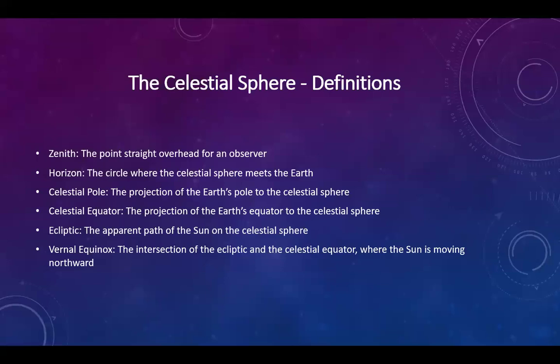And that is used as the 0 point for the celestial sphere. It's just a convention. There's two natural points you could choose, the vernal equinox or the autumnal equinox. The vernal equinox was chosen, probably because traditionally spring was the start of the year.